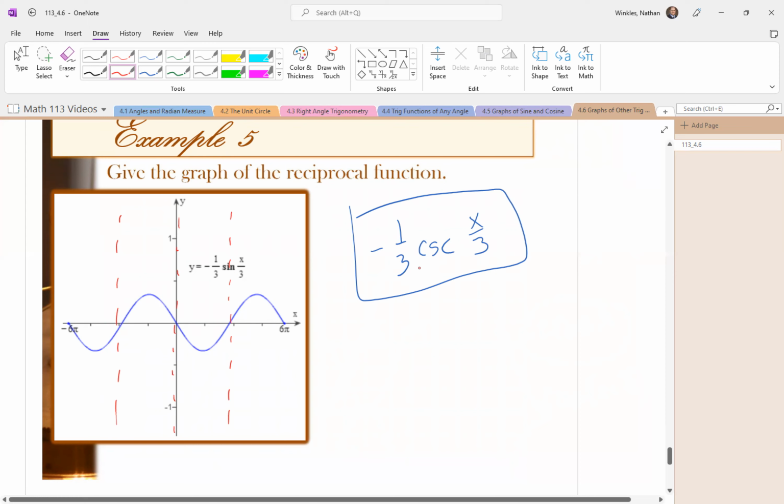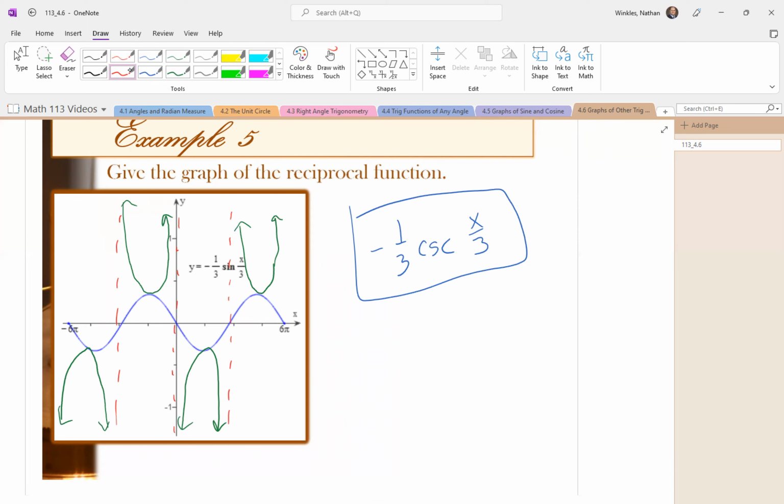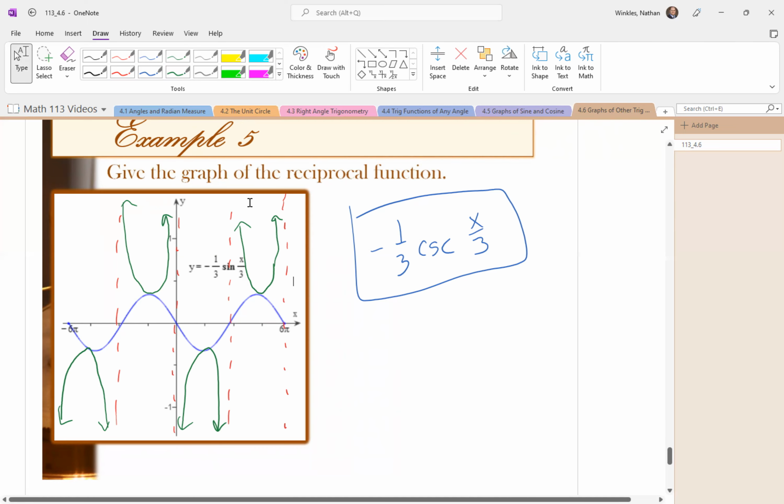And we know cosecant is just simply our graph that does this right here. So the green and the reds there would represent our new graph. There's not a lot of work there. We just have to literally fill in what we're given.